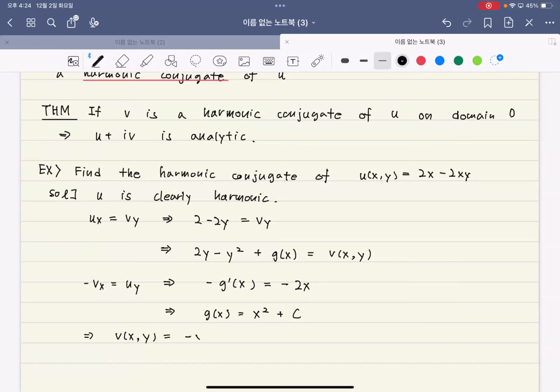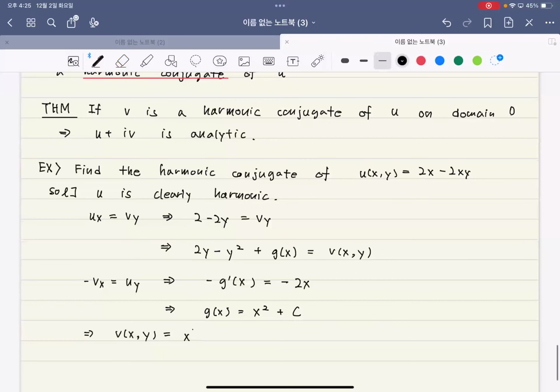So minus y, sorry. I'm confused. x squared minus y squared plus 2 times y plus some constant. Okay, so I hope you understand that a harmonic conjugate is always determined uniquely up to some constant.